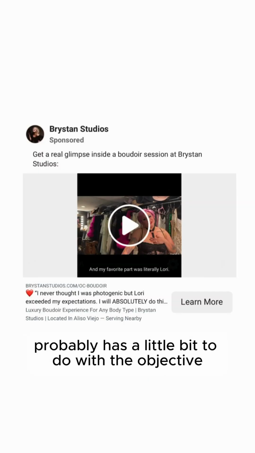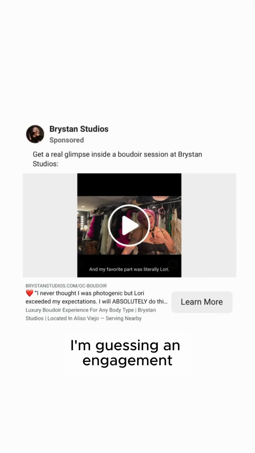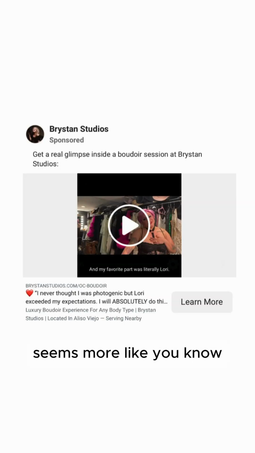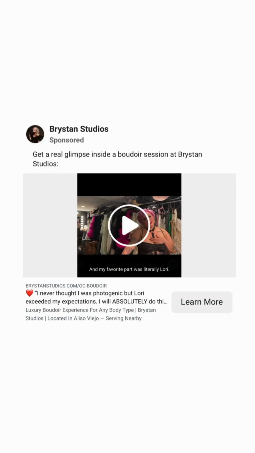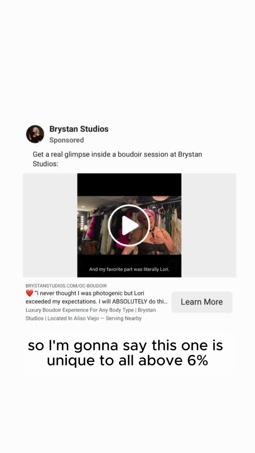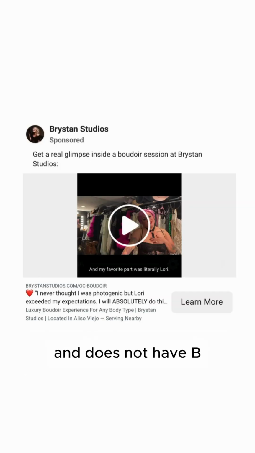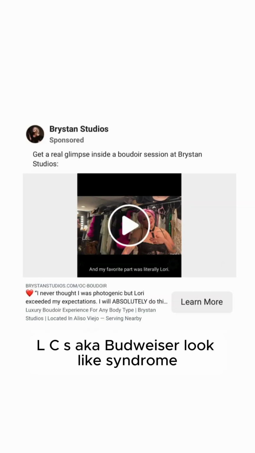It also probably has a little bit to do with the objective, I'm guessing, an engagement objective being used. That's my guess. It seems more like a day in the life or real experience. So I'm going to say this has a unique CTR above 6% and does not have BLCS, aka Boudoir low click syndrome.